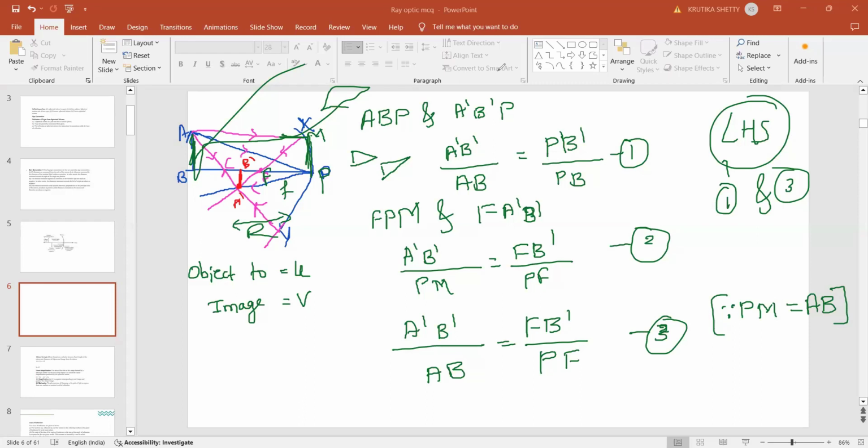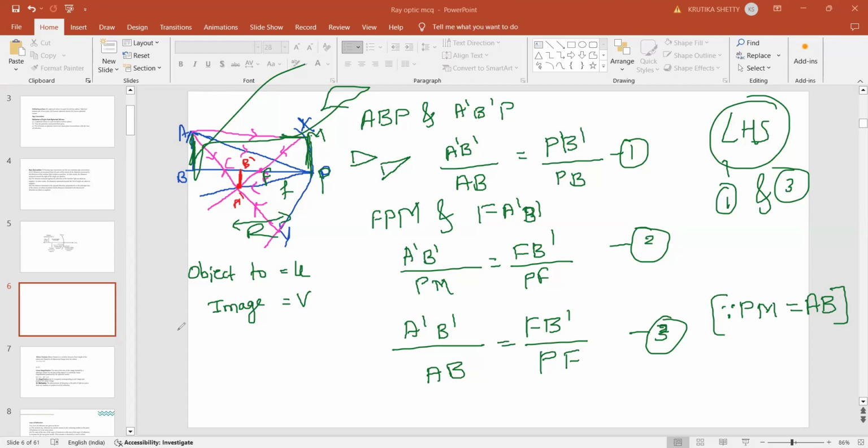Copy down this much. Then if we equate the RHS and simplify the equation, we can come to the derivation and end with the formula. So please copy down up to equation 3. If any doubt is there in equation 3, please ask.